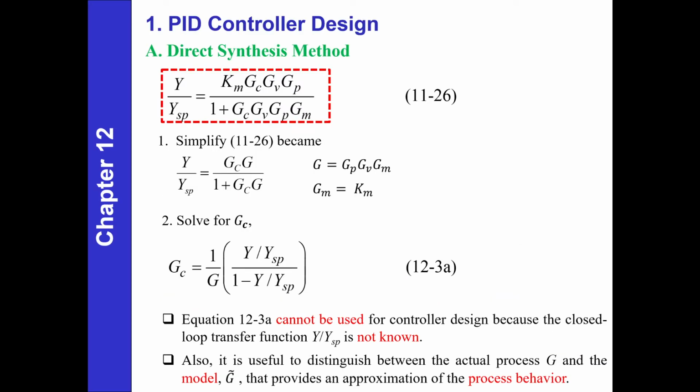Okay, let us start our PID controller design for method A, the first method, which is the direct synthesis method. So remember our closed loop transfer function for set point change. I hope that you're already familiar with this. From this you have to simplify, whereby you substitute GP, GV, and GM.